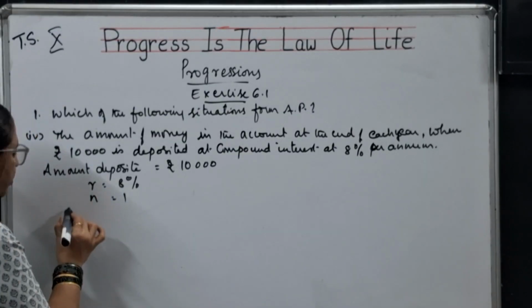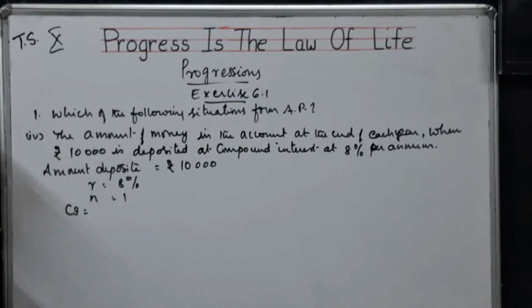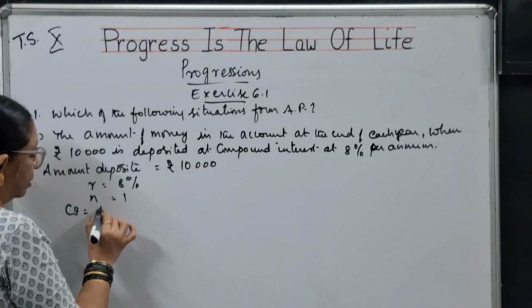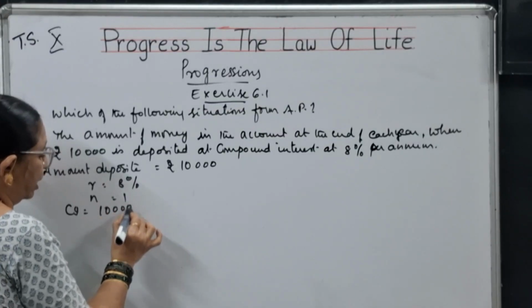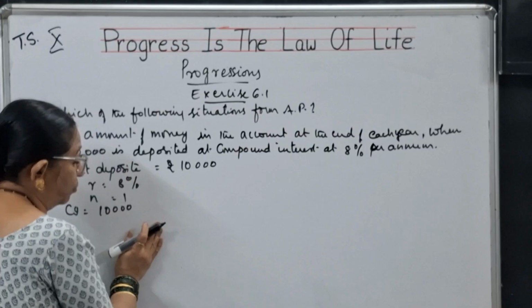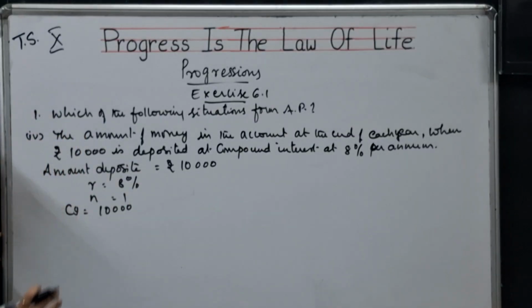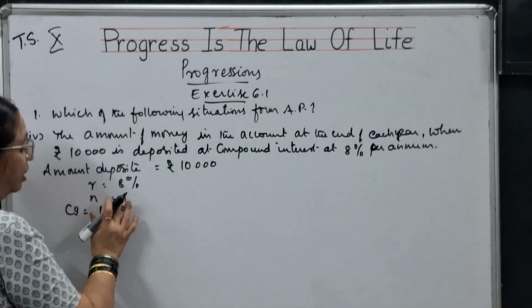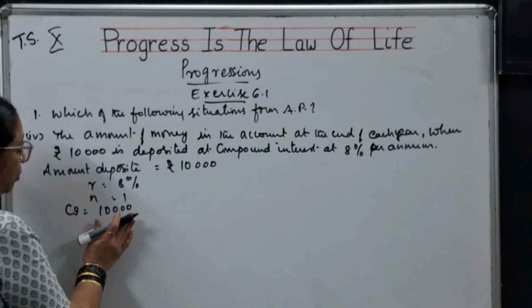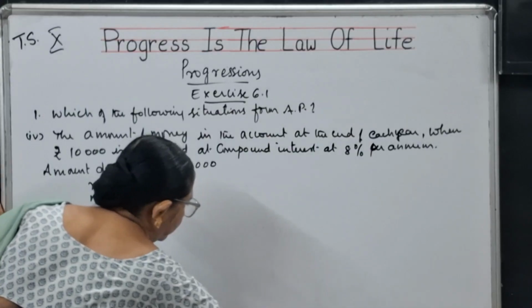So what is the compound interest? The compound interest formula is P into 1 plus R by 100 whole to the power of N. But here every time N is 1. So let me first write A1.